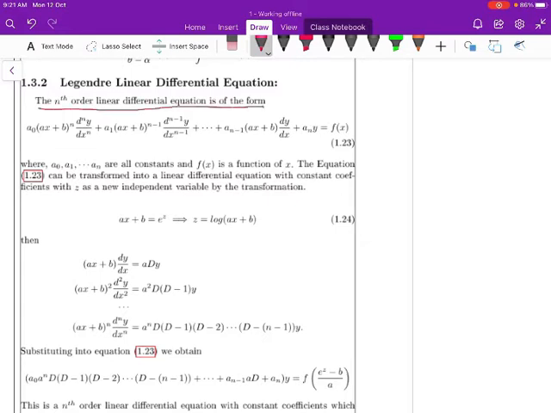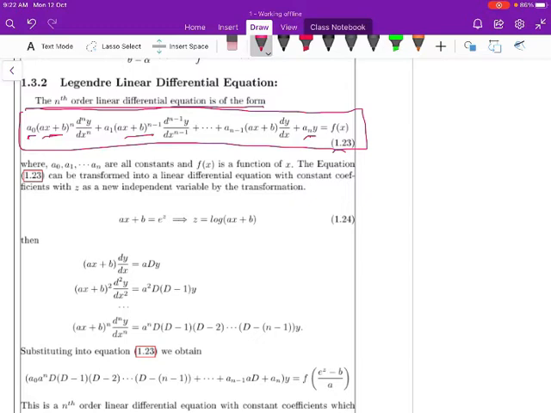So generally the nth order linear differential equation is of the form a naught into (ax plus b) whole power n into d n y by dx to the power n, plus a1 into (ax plus b) whole to the power n minus 1 into d n minus 1 y by dx to the power n minus 1, and so on, plus a n into y is equal to f of x. This equation is called the nth order Legendre linear differential equation with variable coefficient.